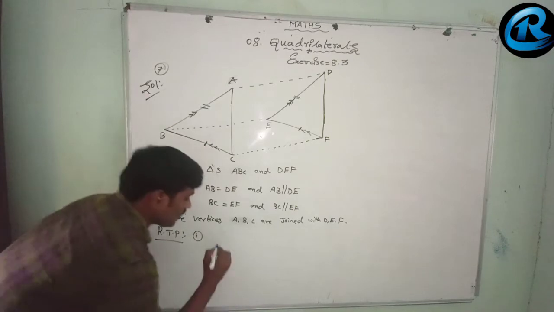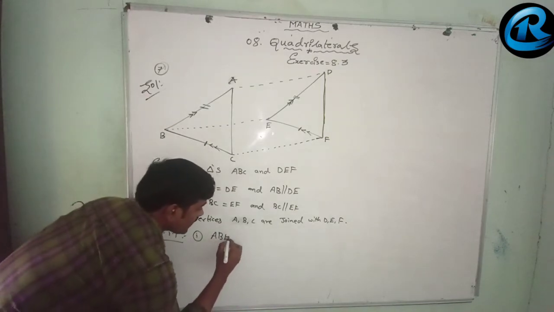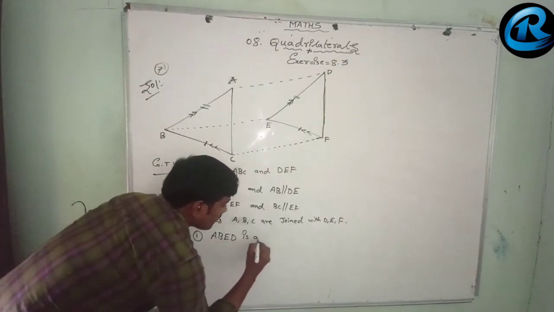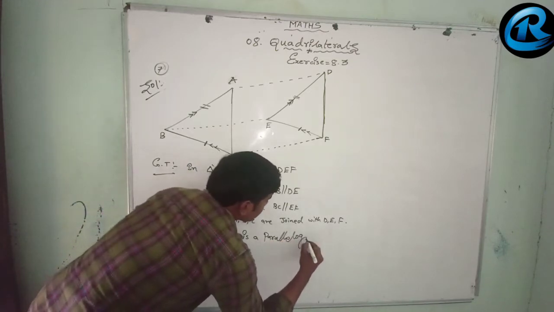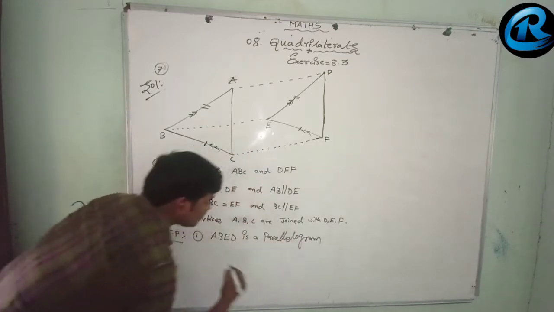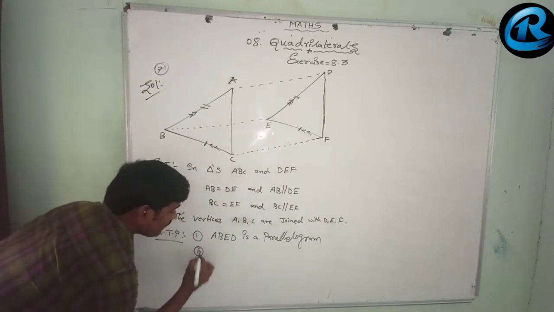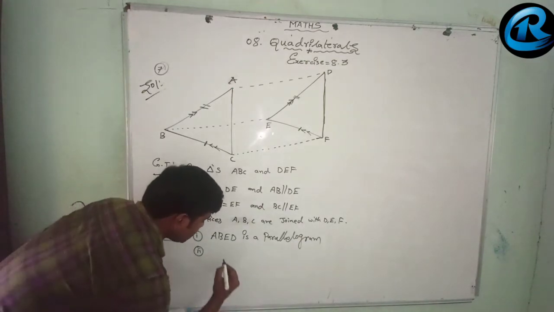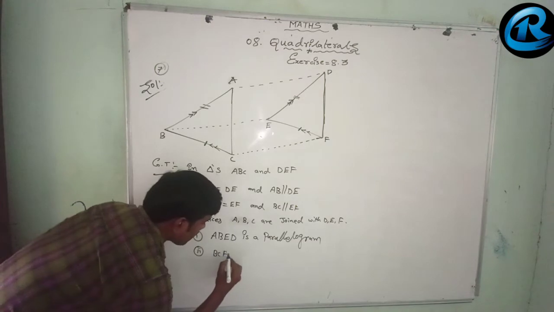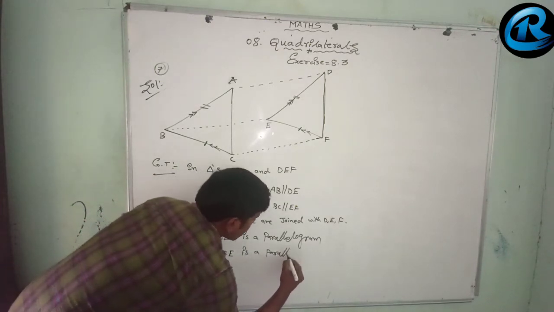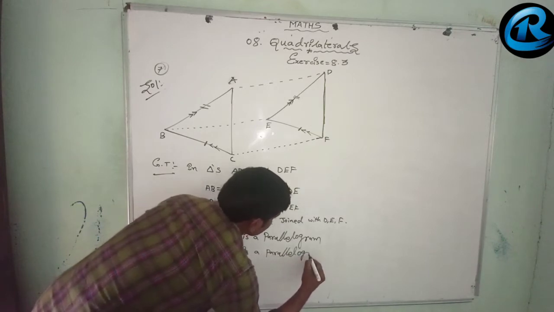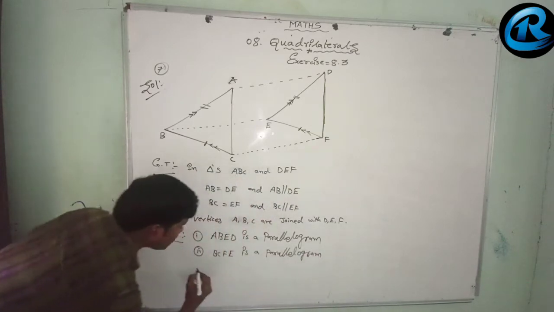ABED is a parallelogram. This we have to put. The second one, BCFE is also a parallelogram. This also we have to prove.